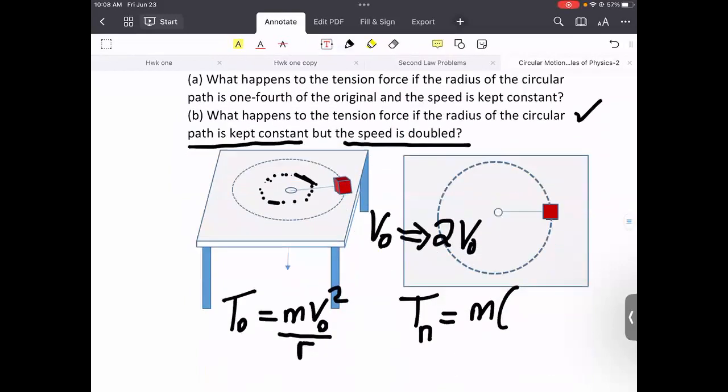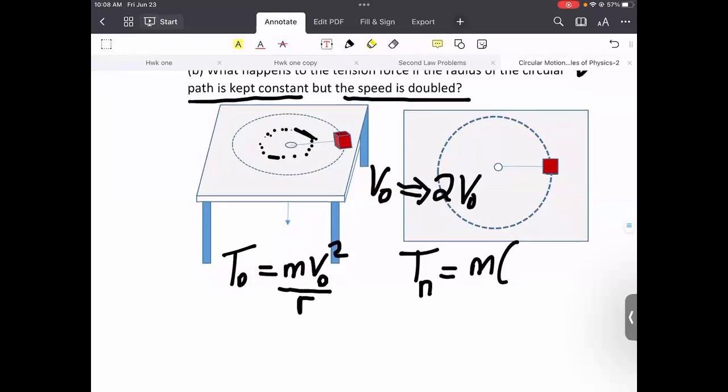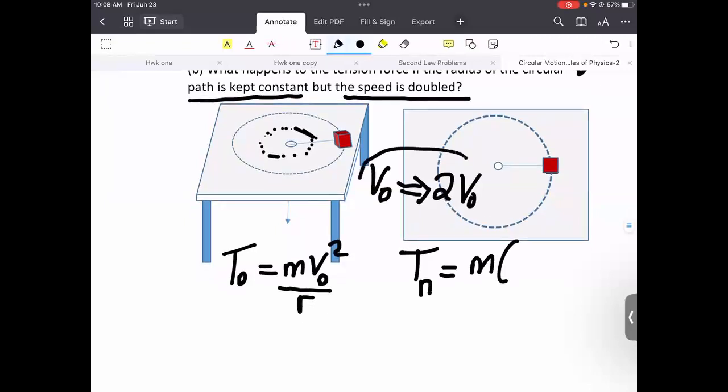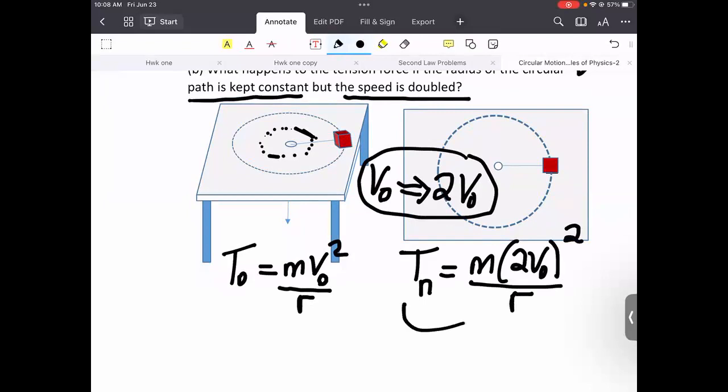So that's why here I'm saying that v naught goes to twice v naught. I'll put twice v naught here, close bracket, then that will be squared, divided by the radius, which is not changing. Now it's a matter of rewriting this so that we can see the effect of changing the velocity.